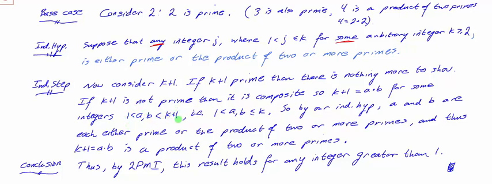We know that they're going to fall in this range, and so they're always going to be in the range specified by our induction hypothesis, even if k is only equal to 2. If we're just looking at 2, or I guess we'd be looking at 3 starting there. But we're not saying that a is always going to be some fixed amount less than k, or b is going to be some fixed amount less than k.